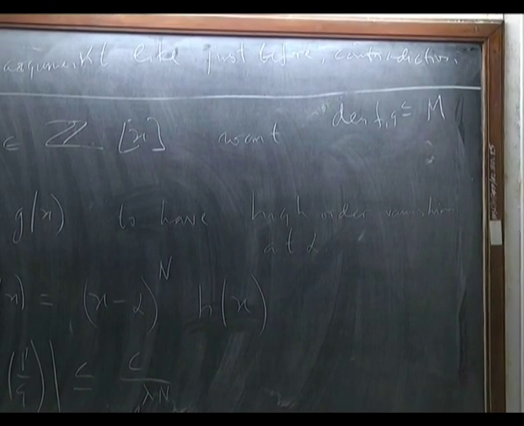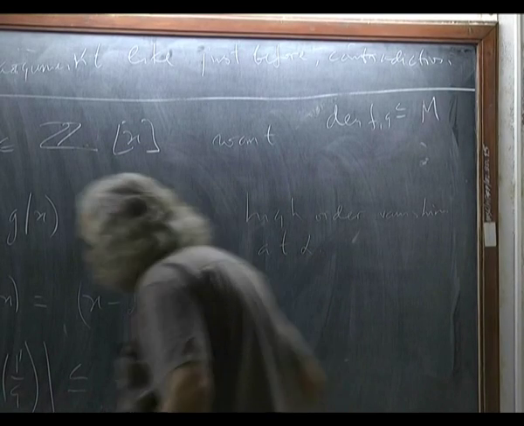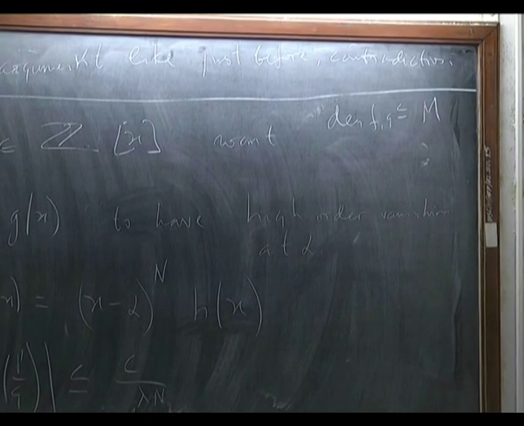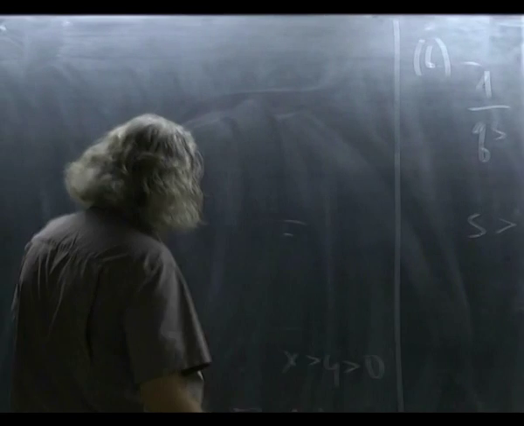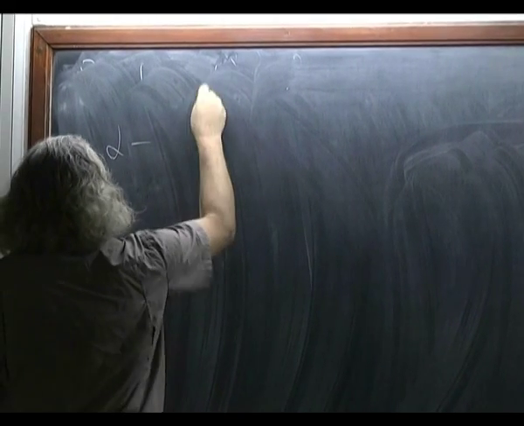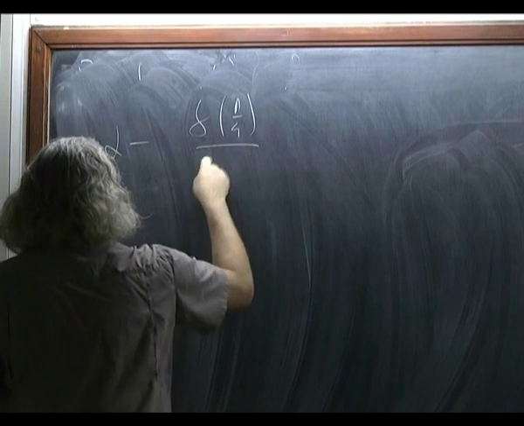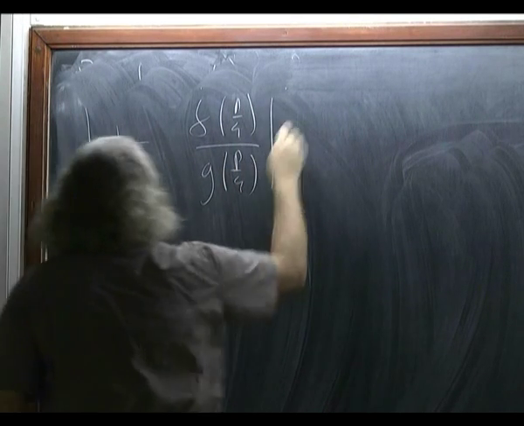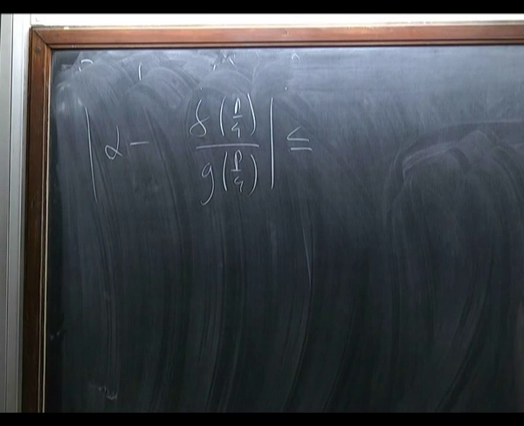We obtain that alpha minus f of p over q over g of p over q will again be something like this.